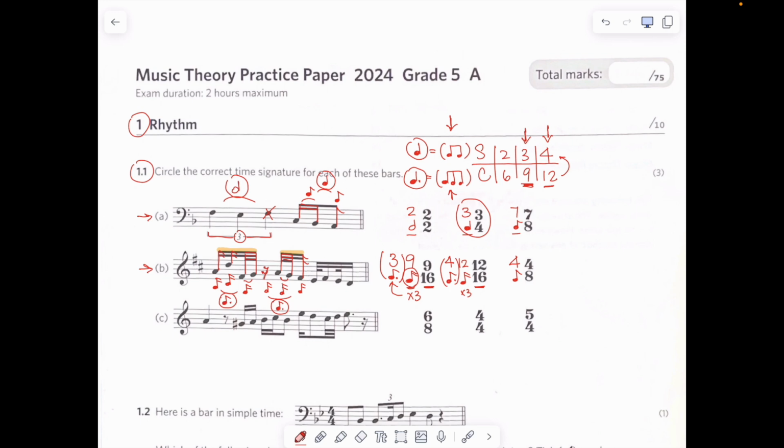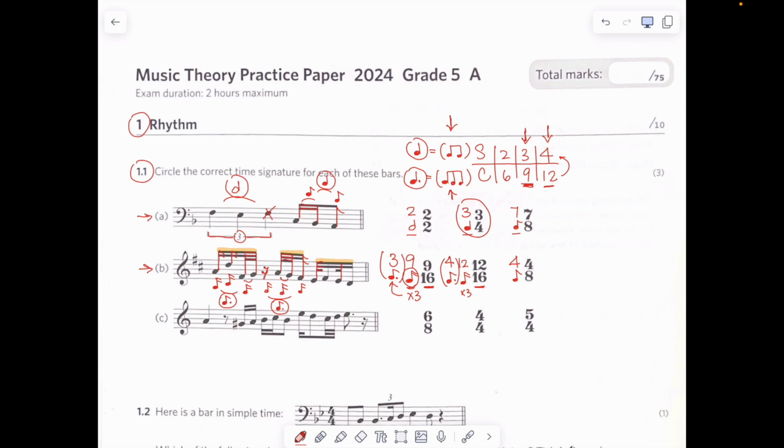Then let's take a look at the last group of notes. Again, all these notes are beamed together, so I'm going to look at them as one group. Now this rhythm looks a little weird, right? Maybe some students get very scared when they see something like this, but you can just simplify it. First, take a look at the smallest value note. The first one here has 1, 2, 3 beams, which means this is a demi-semiquaver.